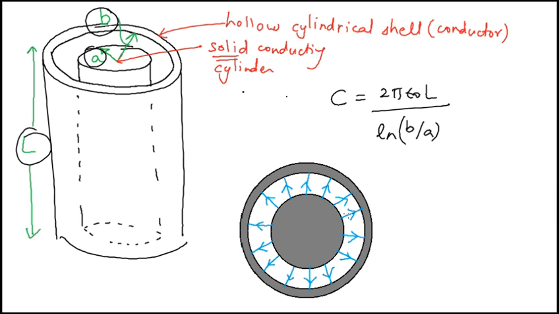And specifically we can prove, and we have proved using Gauss's law, that the electric field at a point in the gap which is at a distance r from the axis of the cylinders is given by E equals Q upon 2 pi epsilon naught multiplied by L multiplied by r.